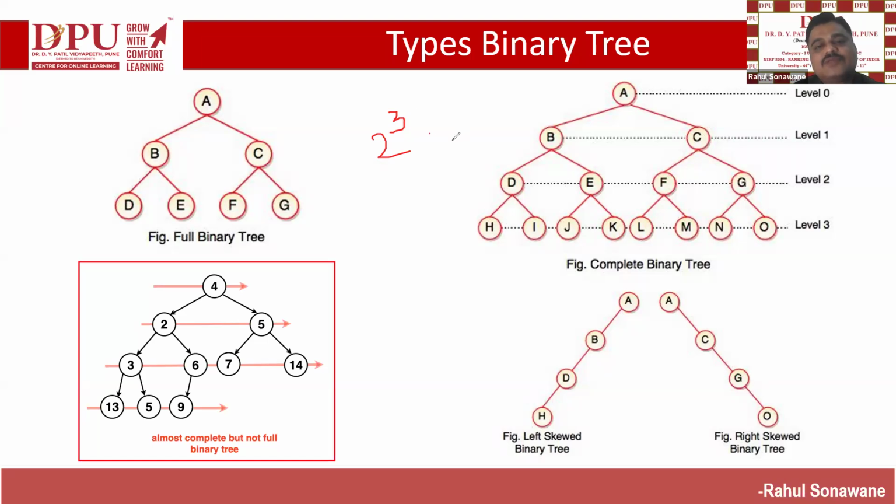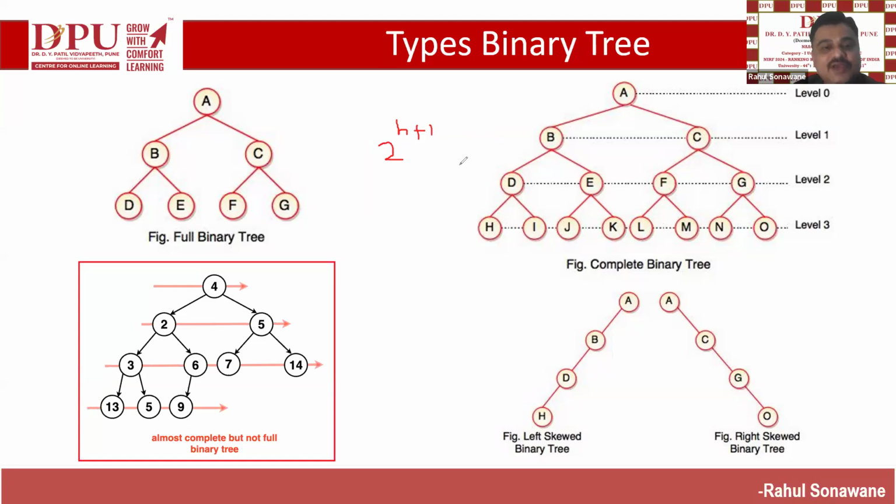2 raised to 3 is 8. Very good. Now, what we actually need to do is 2 raised to h plus 1, right?